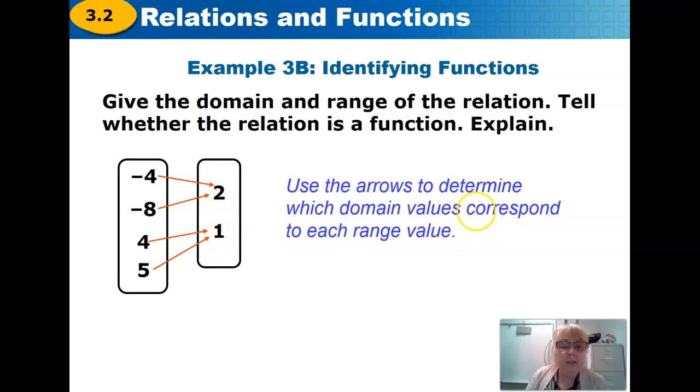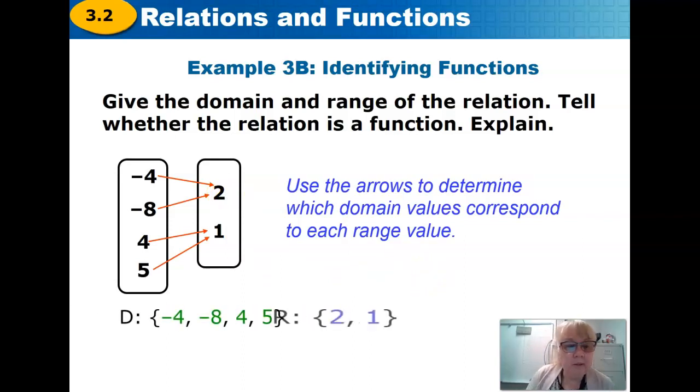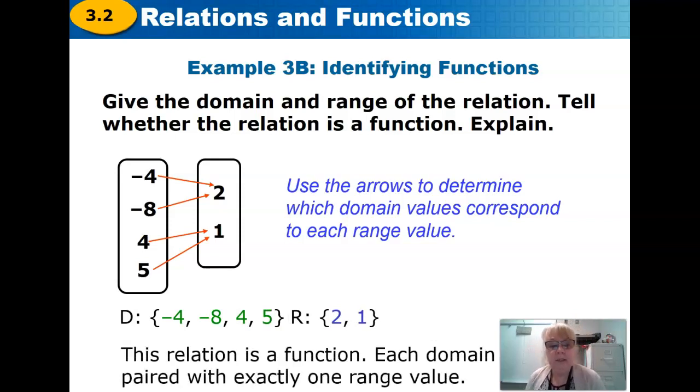It's okay for the range values to be paired with more than one x value, but it's not okay for the x value to be paired with more than one range value. So here's our domain, here's our range, and this is a function because each domain value is paired with exactly one range value.